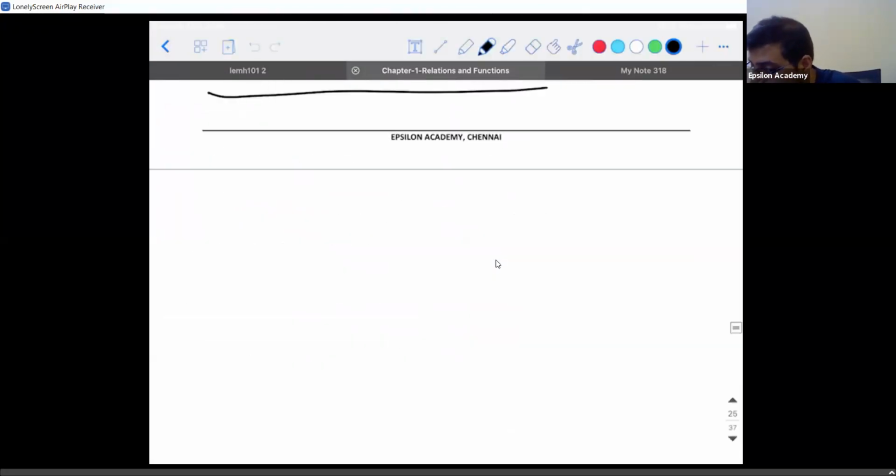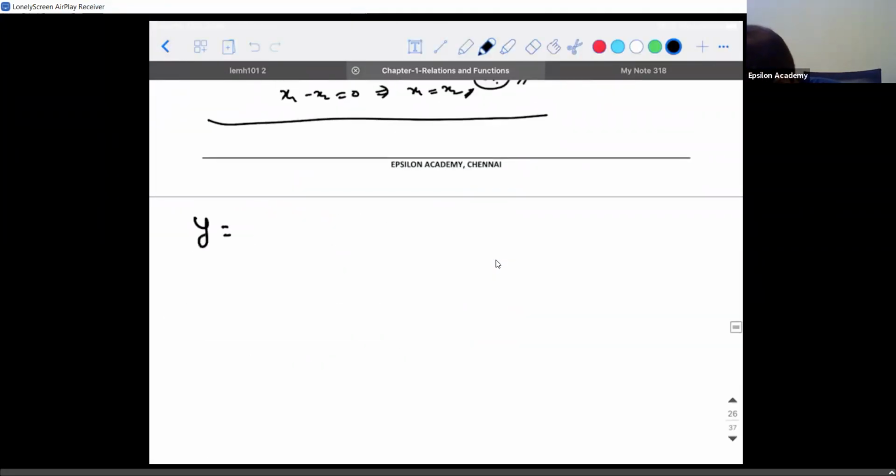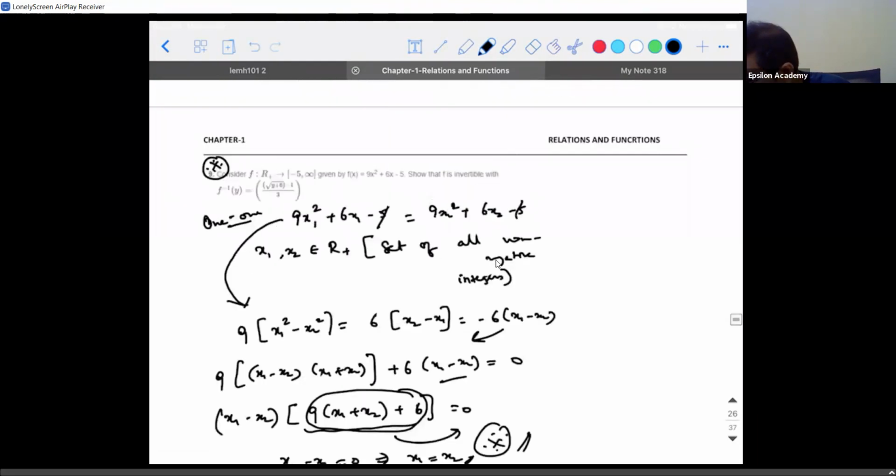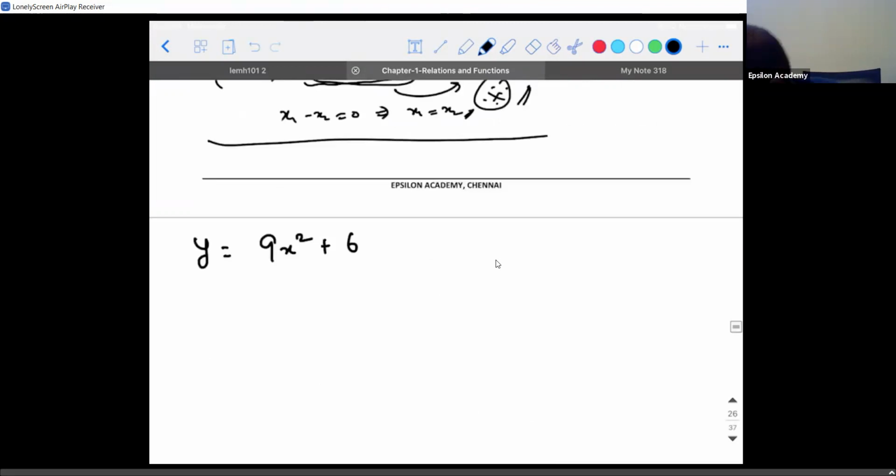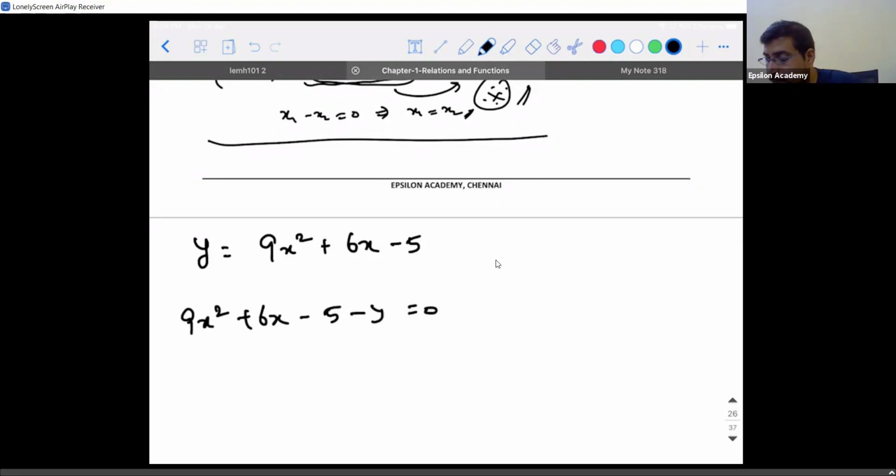So for onto function, what am I supposed to do? y = 9x² + 6x − 5. So I could write x in terms of y. 9x² + 6x − 5 − y = 0.